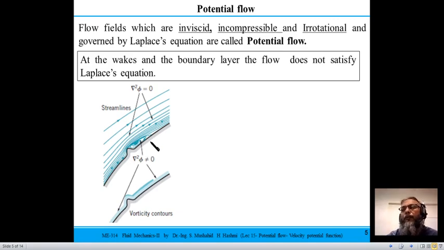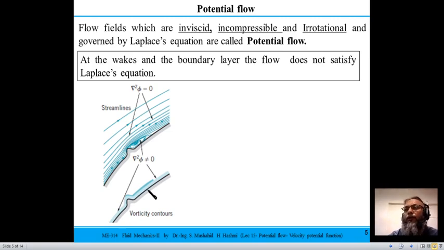So fluid mechanics problems are usually divided into either potential flow theory or boundary layer theory. The regions outside, away from the boundary and having no vortices, would be potential flows, whereas the flows close to the boundary or having backward flows and vortices are to be treated as boundary layer flows.